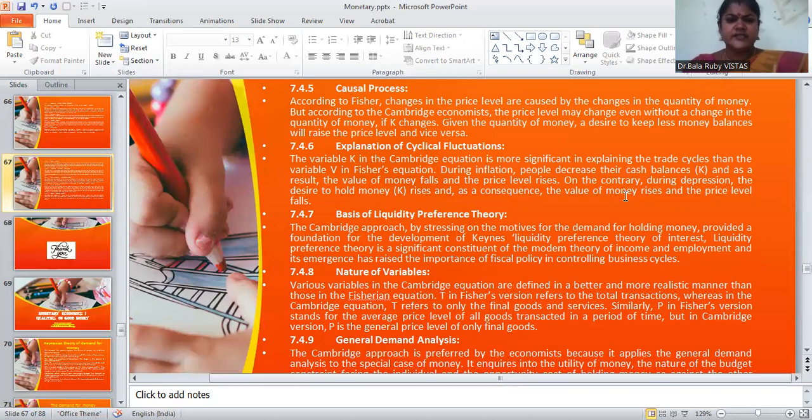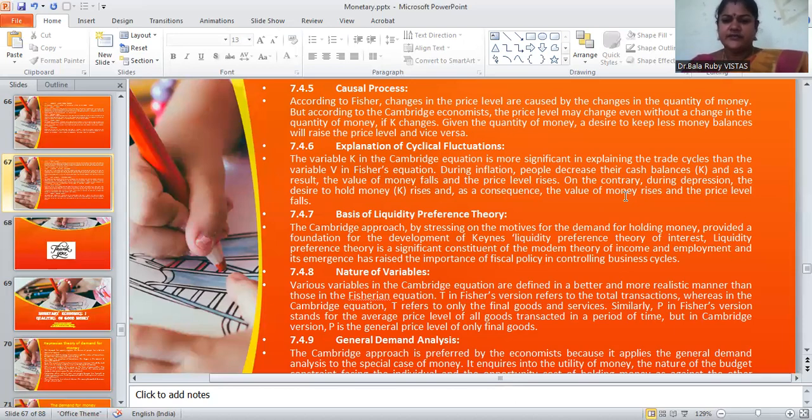And the eighth one is nature of variables. The various variables in this Cambridge equation are defined in a better as well as more realistic manner than in Fisher's equation.